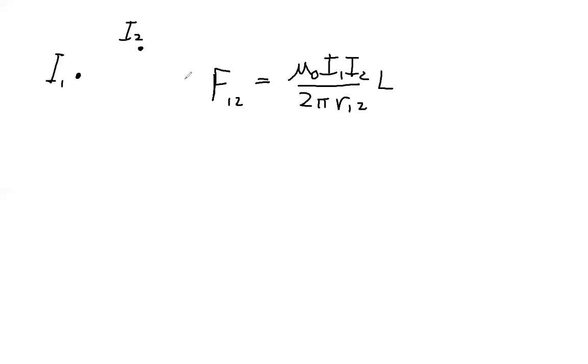And part of the reason is this is an extremely special case. If you think about infinite straight wires, this is obviously a fairly generic case. The problem is there's no point charge for wires, because a current fundamentally is charges in motion. So you can't define a point current.